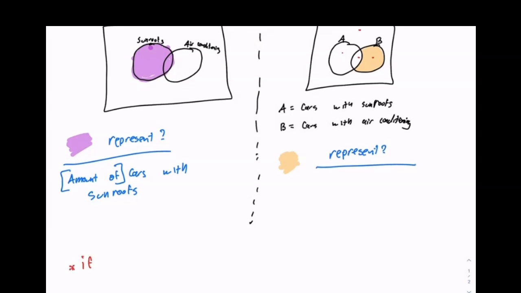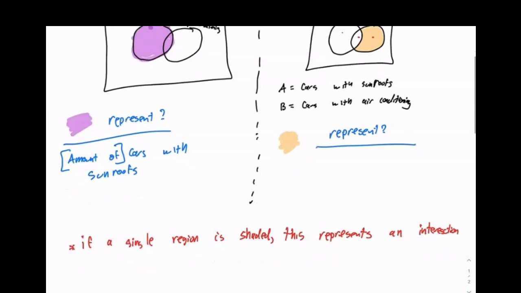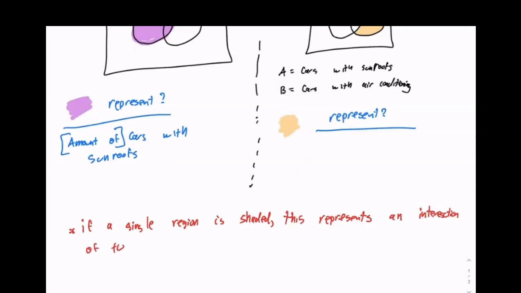So if a single region is shaded, this represents an intersection of the events A, B, A prime, or B prime.